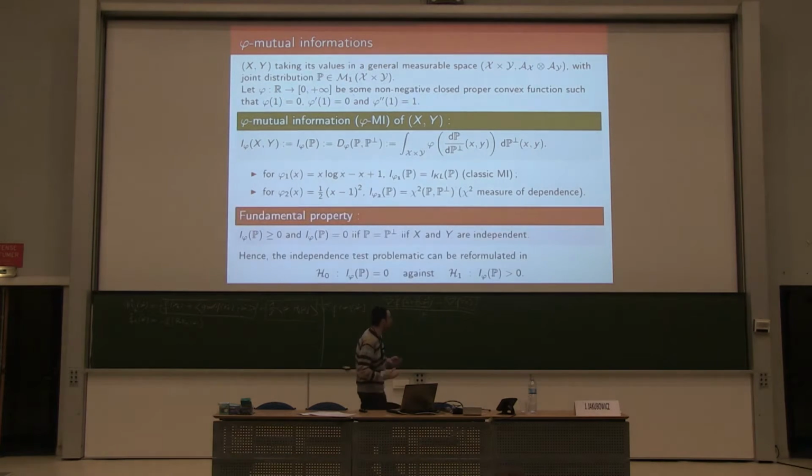The main fact here is that this phi mutual information is positive and is null if and only if the random variables are independent. And so the test problem can be reformulated as: does the phi mutual information equal 0 or not?